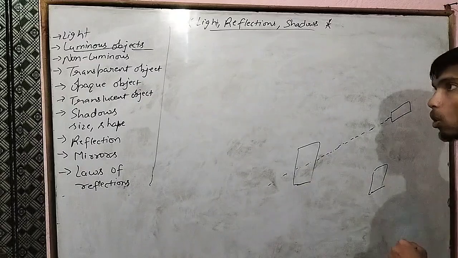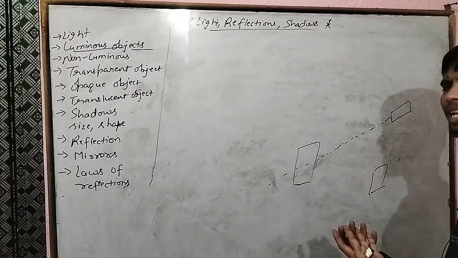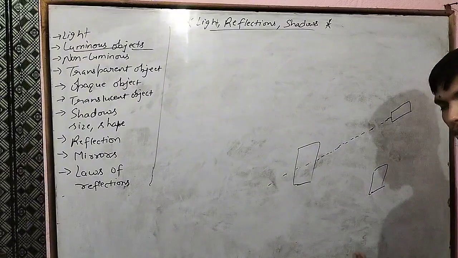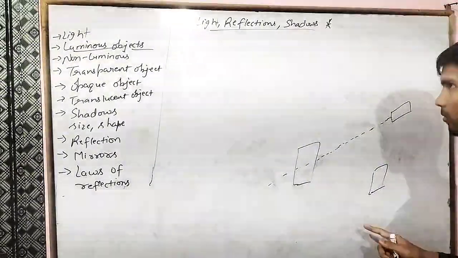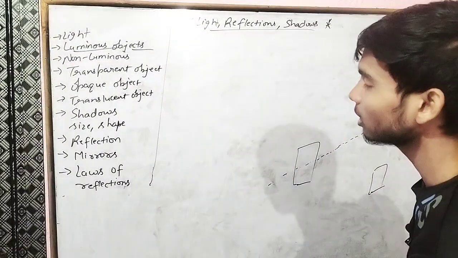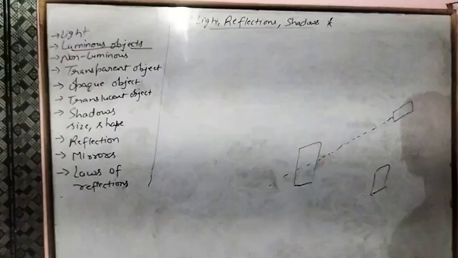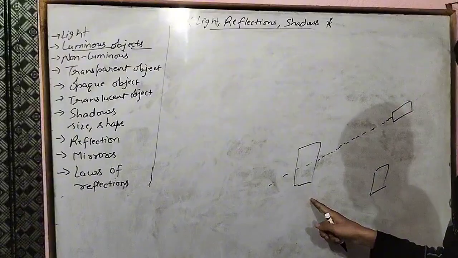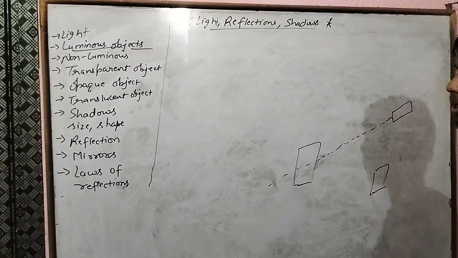Those objects that allow us to see the area behind them would be transparent. So here we can say light is passing through the object. That's why it is a transparent object.